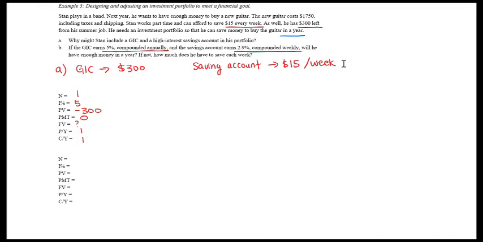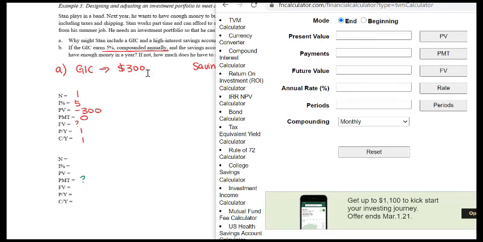And for the savings account, we're trying to find how much he needs to save per week to reach 1,750. So we don't know if this $15 will be enough. So what we're going to do is make the payment unknown, and try to fit it to his goal. That way, let's check our first GIC investment, and how much he's going to have with the $300 GIC.